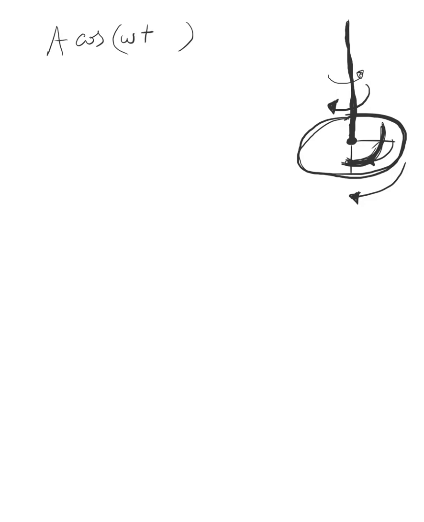In this case, I'm not going to derive these formulas. There are some derivations in the book if you want to look at. I will just write down the formula. So in this case, the period turns out to be 2 pi times square root of I over kappa.